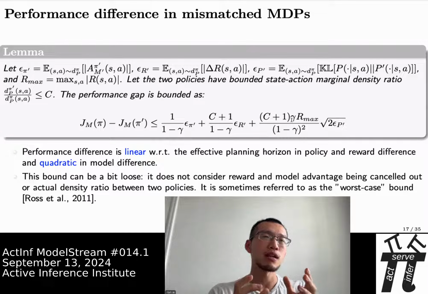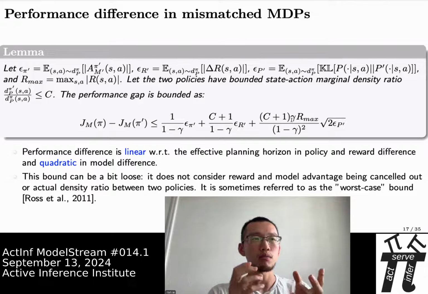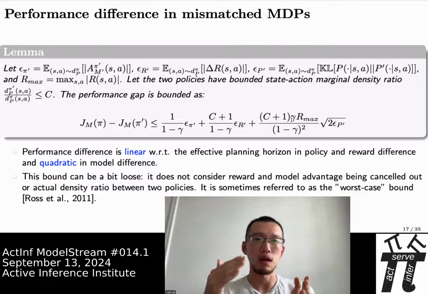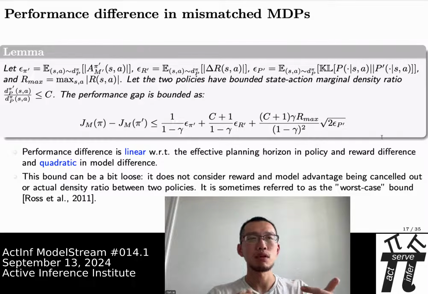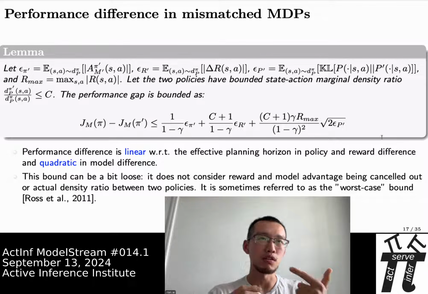So if we're making errors or mistakes along all of these dimensions, the rate at which the dynamics model error accumulates is going to be much faster than the rate at which policy and reward error accumulate. Another thing to remark about this relationship is that it can be a little bit conservative, because sometimes even if you make mistakes with your choice of dynamics, you can make it up by choosing the reward function to be different from the optimal reward.